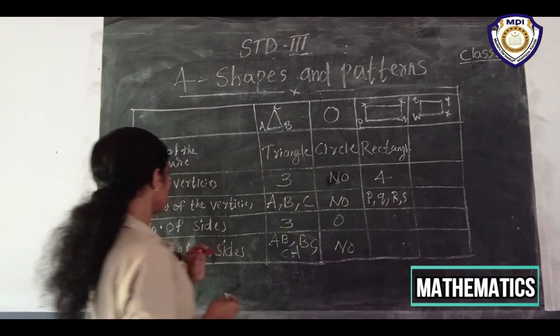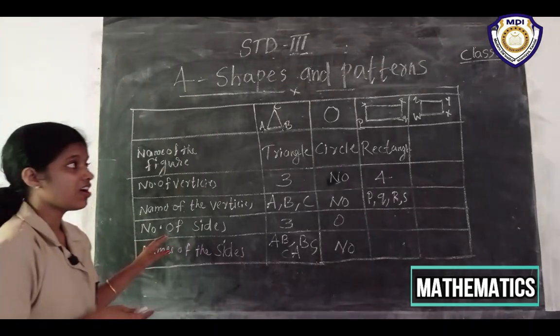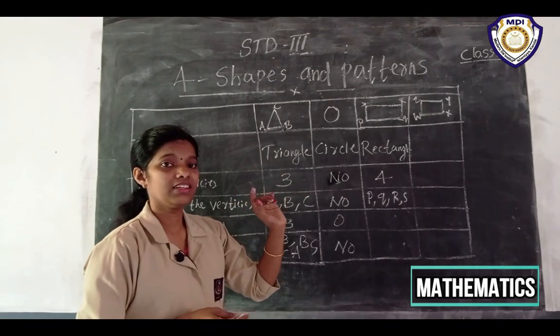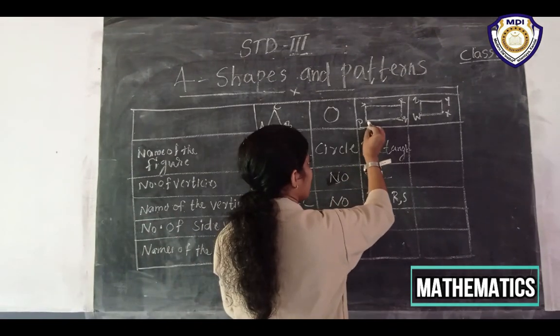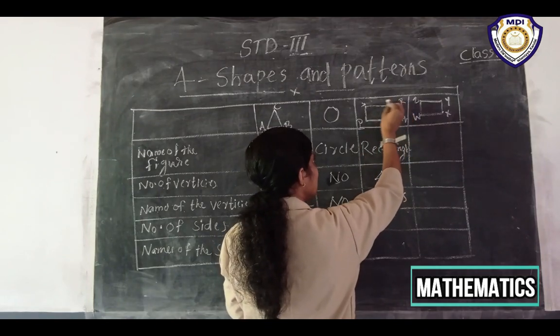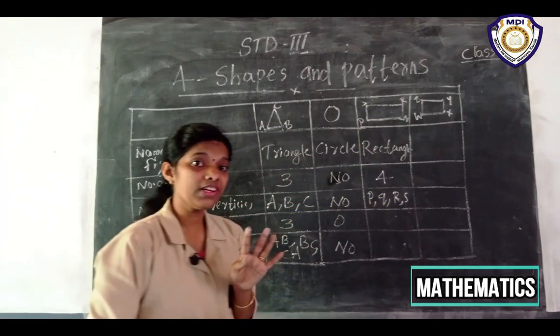Next one is number of sides. How many sides are there? 1, 2, 3 and 4. Only 4 sides.